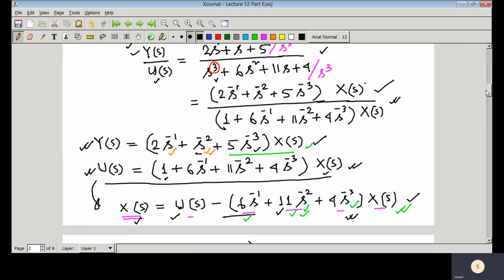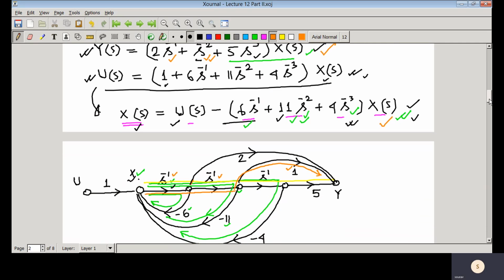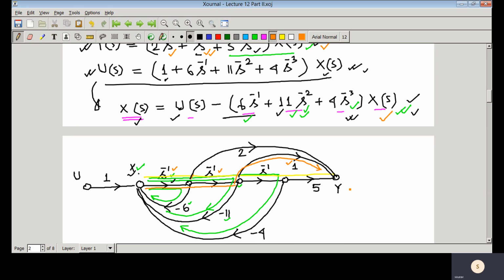Then we rearranged the denominator equation, and finally we get this algebraic equation and this algebraic equation. Now we have realized these two algebraic equations in the state diagram form.